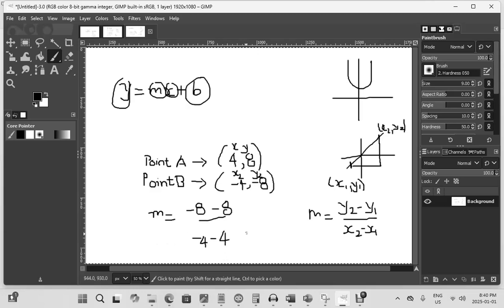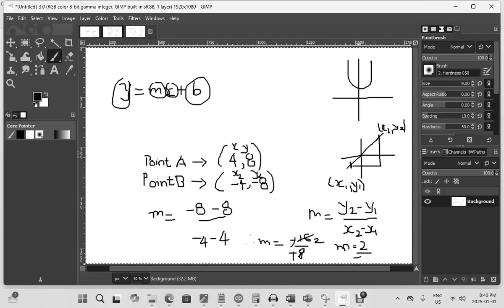So your slope is equal to -16 over -8, which means this slope will be 2. So m equals 2. This is basically how you figure out your slope.